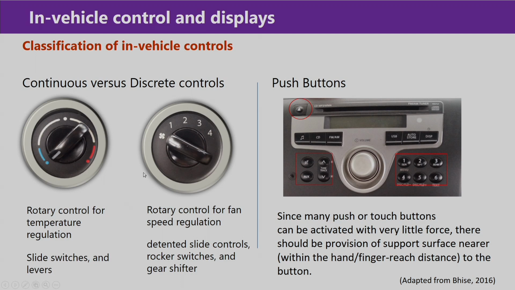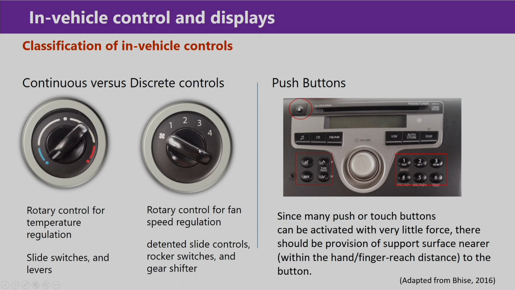On the other hand, in the case of discrete control, there are some specific positions or detented locations where we have to set the control. That is not continuous. We have to set it at a particular position to achieve the particular setting of that control. These types of controls include rotary controls for fan speed regulation.